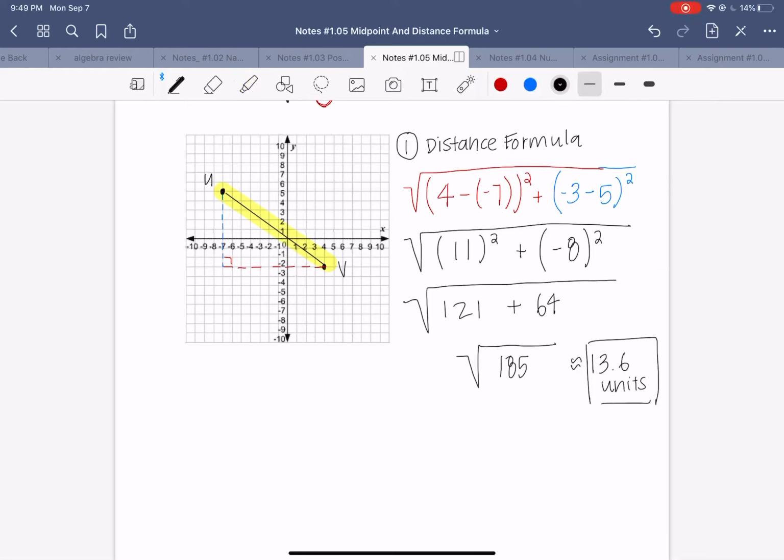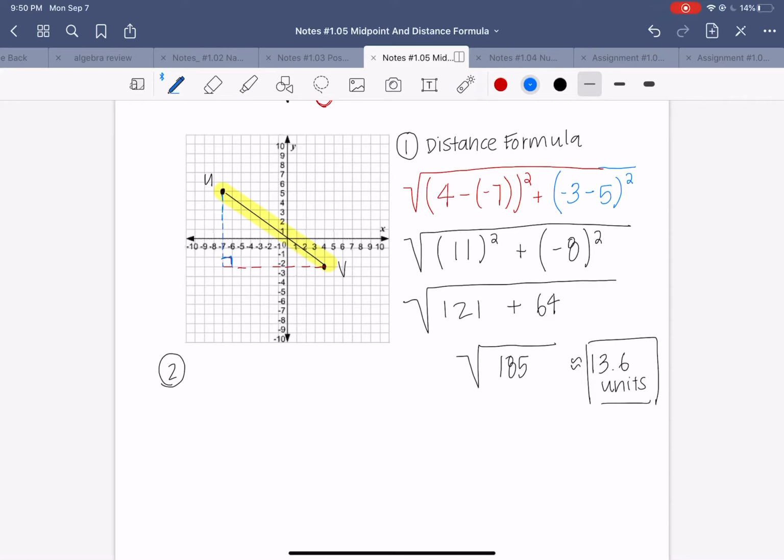The second way to do it is using the Pythagorean theorem. Notice how I drew these dotted lines. What I'm going to do is actually count my dotted lines. The key is you have to make a right triangle with your points.